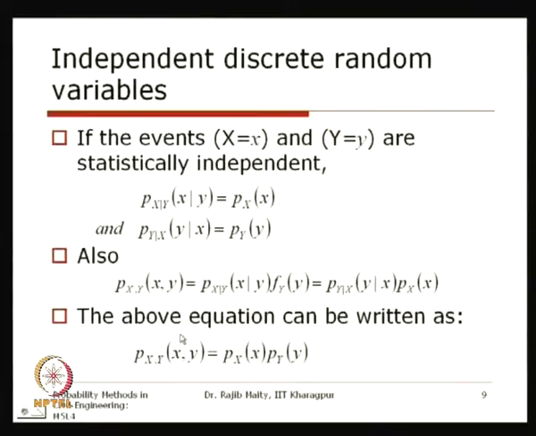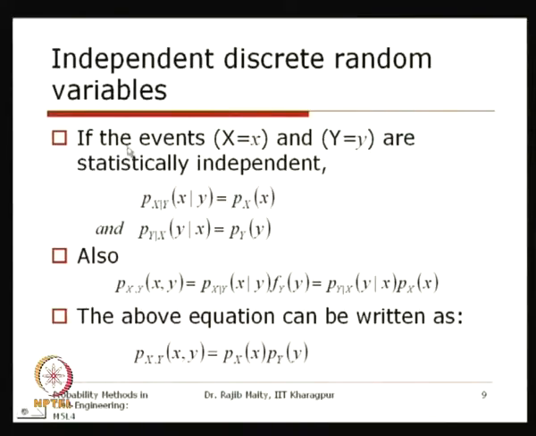Now, in the light of the conditional distribution that we discussed so far, we have said that the outcome of one random variable doesn't have any influence on the other.